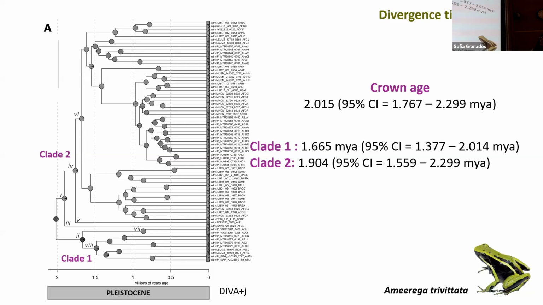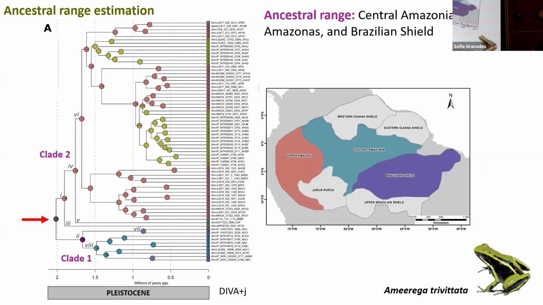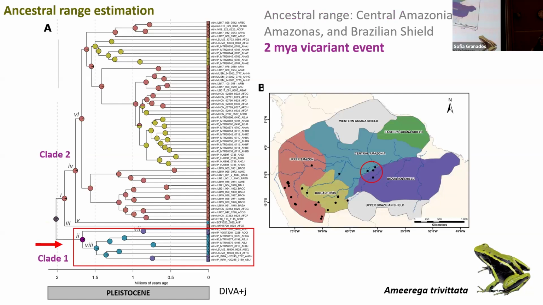Now, when we talk about the ancestral range estimation, what we obtained was that the ancestor was estimated to be widely distributed in all of these bioregions: Upper Amazon, Central Amazonia, and Brazilian Shield. After that widely distributed ancestor, we got a vicariance event that split populations right here in the Central Amazonia bioregion and Brazilian Shield from the rest of the populations.